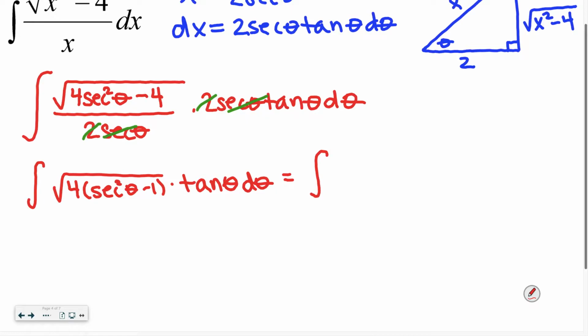Okay, so this is tangent squared right here. So I have the square root of 4 tangent squared. So it's 2 tangent squared theta. We still haven't even integrated. We're not done. Move the 2 out.